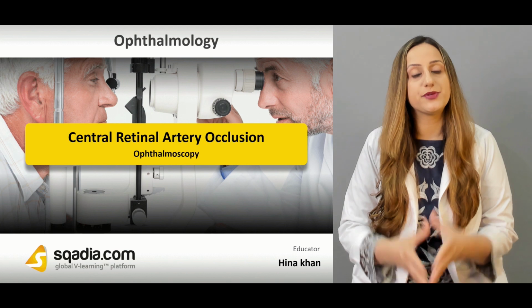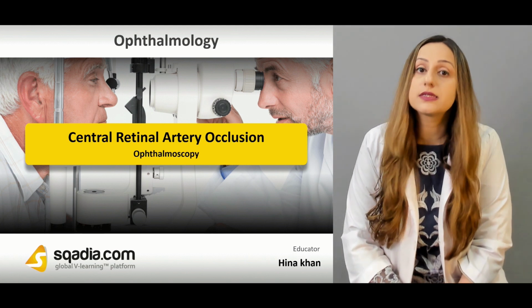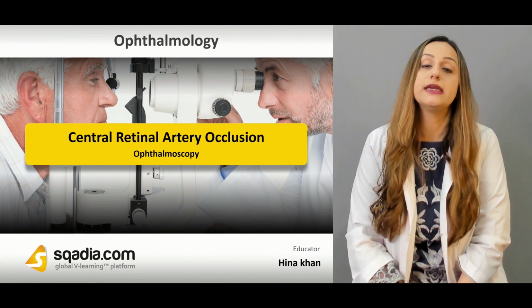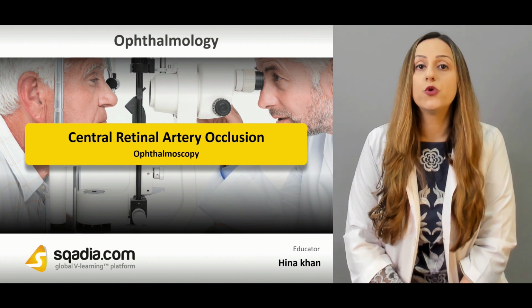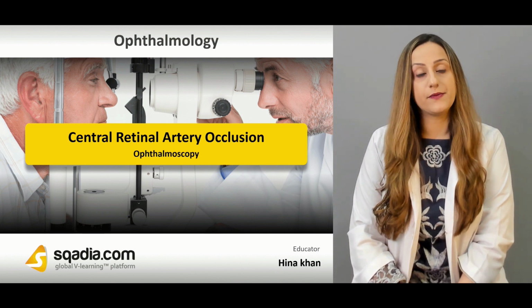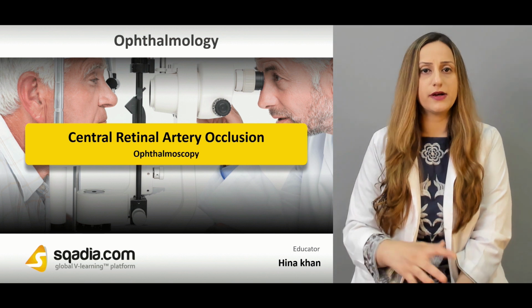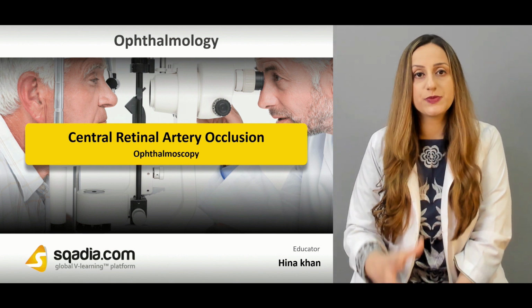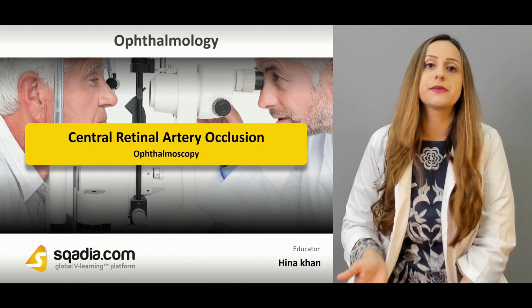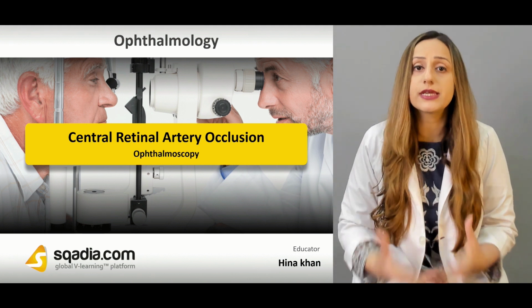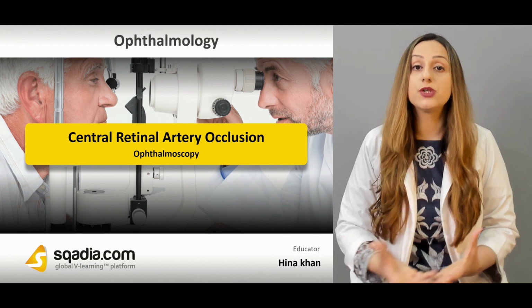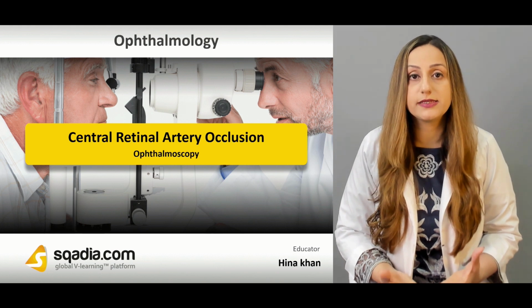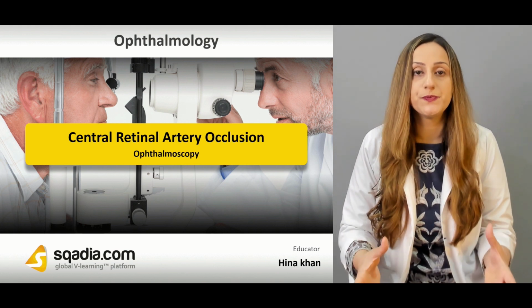Then the history of the presenting complaint would include infections, or any history of hospitalization due to endocarditis. In some cases there is a diagnosed case of endocarditis at hand, and one of the complications of endocarditis is central retinal artery occlusion.